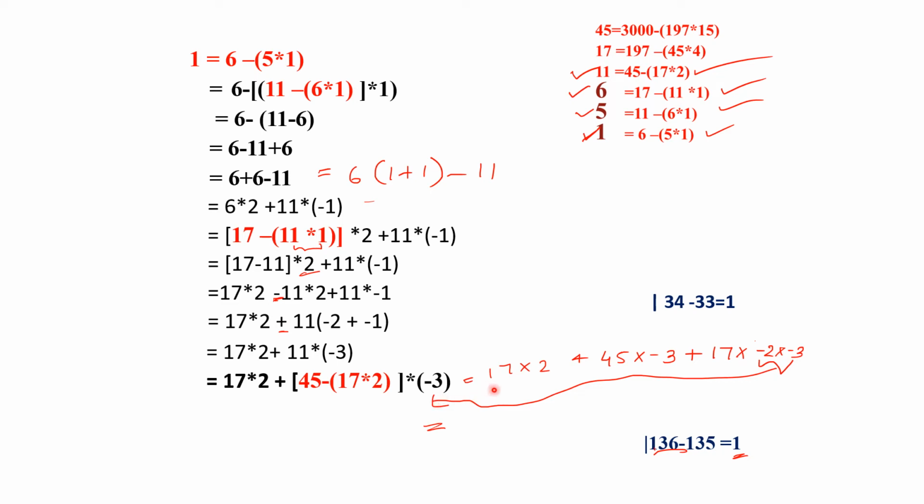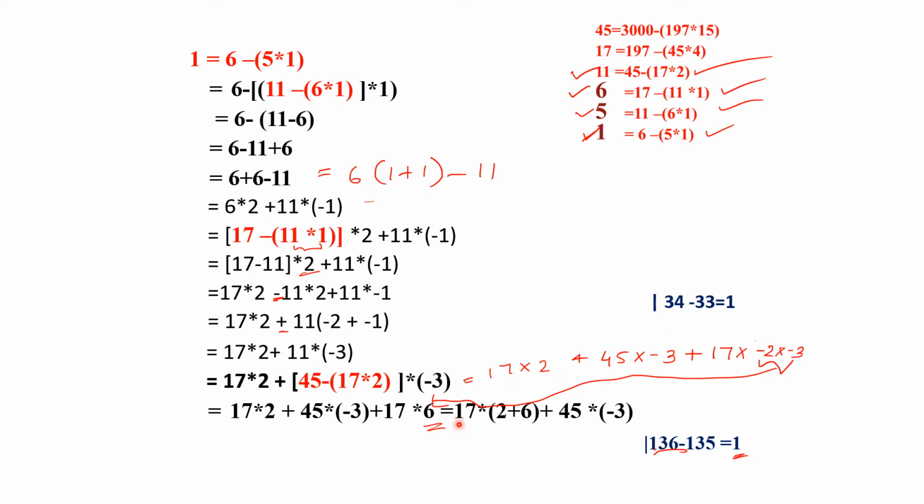Now again rearranging, it will become 17 into 2 plus 45 into minus 3 plus 17 into minus 2 into minus 3. Minus 2 into minus 3, it will become 6. So we can again rewrite 17 into 2 plus 45 into minus 3 plus 17 into 6.